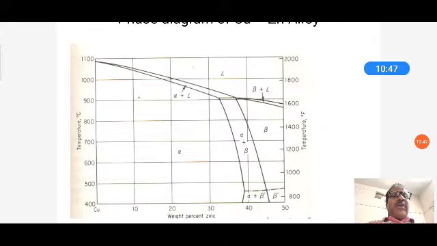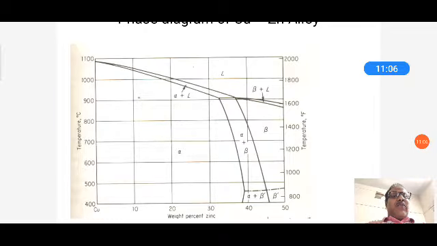If more than 40% zinc is added to copper, the copper zinc brasses become brittle in nature. Hard and brittle compounds are formed. It is not used for applications.